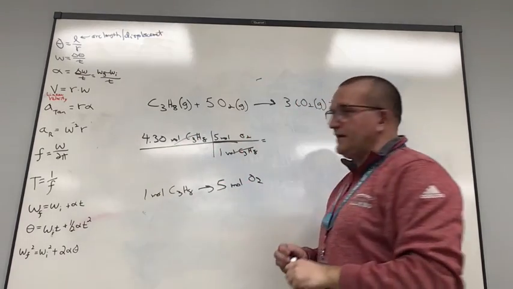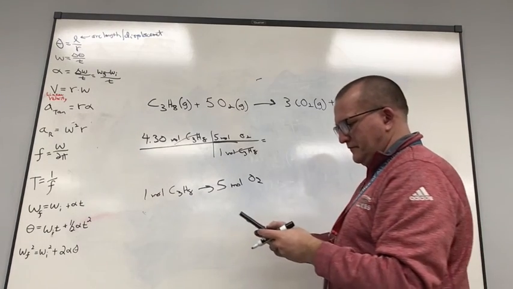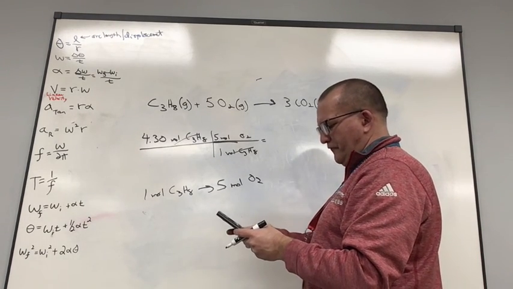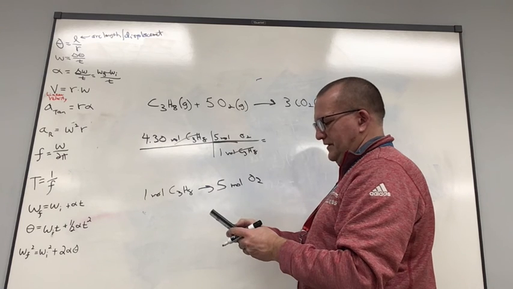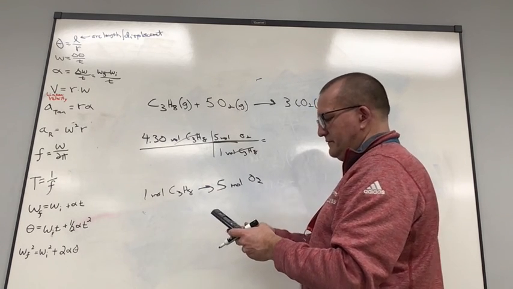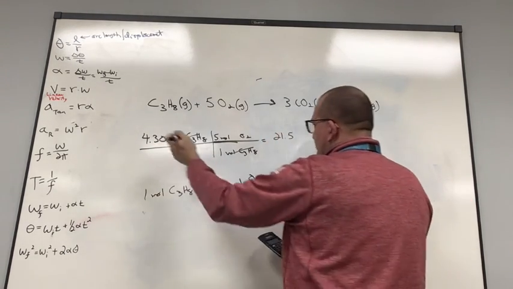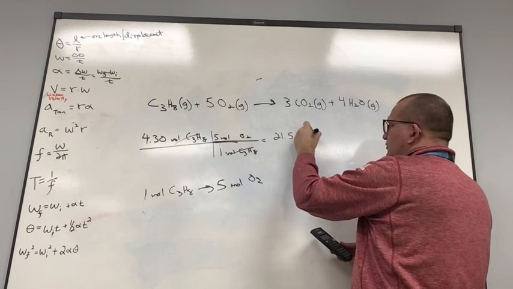Things cancel out, and then I just multiply. 4.30 times 5, I get 21.5, 3 sig figs, I'm good there, moles of O2.